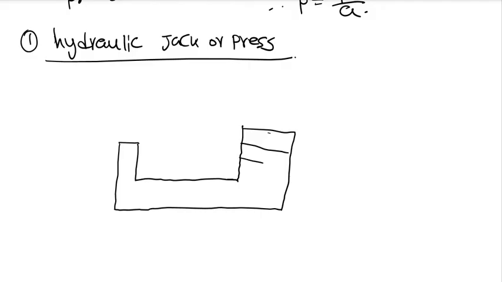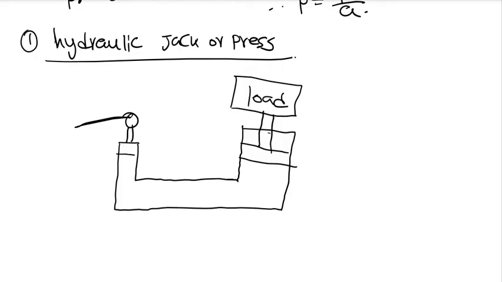Okay, we have a cylinder here. Over here we have a load. Okay, we have a handle over here. All right, now with the drawing that I've drawn here, we can simply say it's a hydraulic jack or you can say it's a hydraulic press.